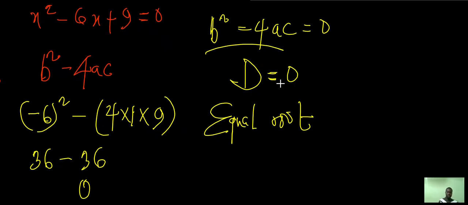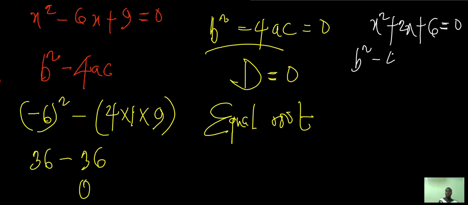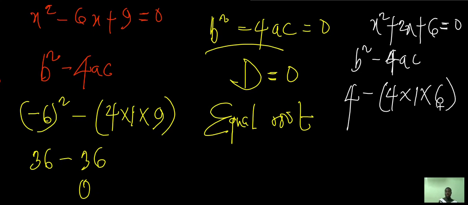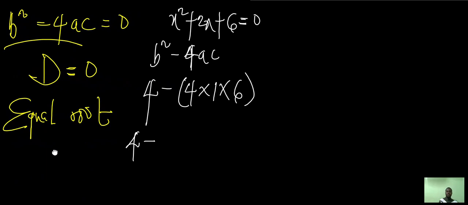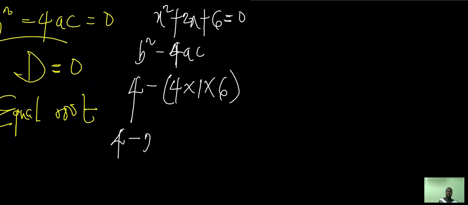Question number 3 we did as part of the first set of examples. We have x squared plus 2x plus 6 equals 0. Let's quickly do b squared minus 4ac. b is 2, so 2 squared is 4, minus 4 times 1 times 6, which is 24.